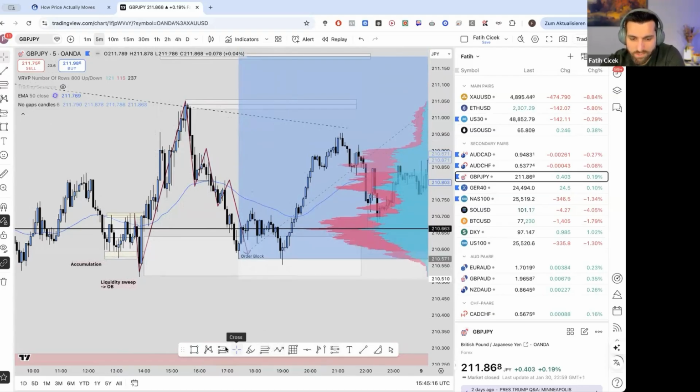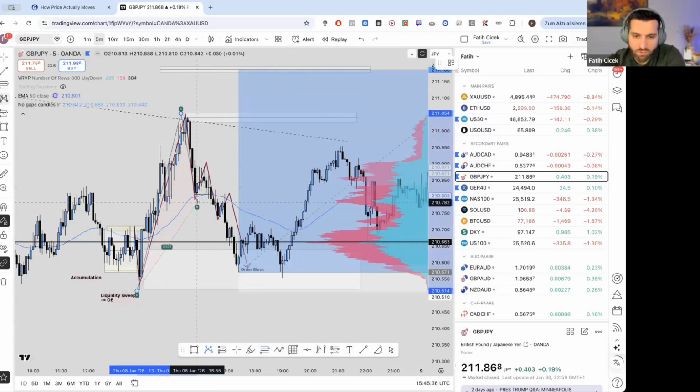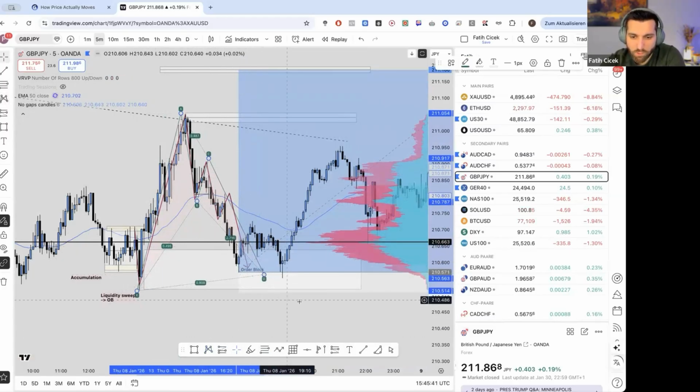These are all additional confirmations that we're looking for to enter a specific trade. Okay. Liquidity was swept, and then we had the main impulse. And following the impulse, we had a three-step correction. And at the same time, this was actually a harmonic pattern, and price came back and tapped into our order block.